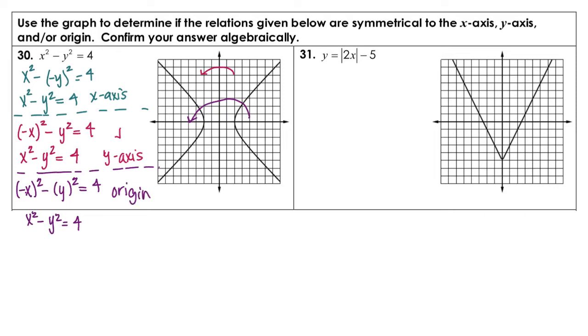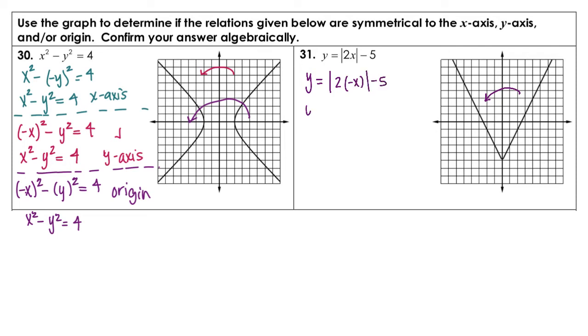Okay, let's look at our next one. And this one looks like, just looking at it, it looks like we might be symmetric over the y-axis. So if we're going to check symmetry about the y-axis, then again, keep in mind you sub in a negative x.